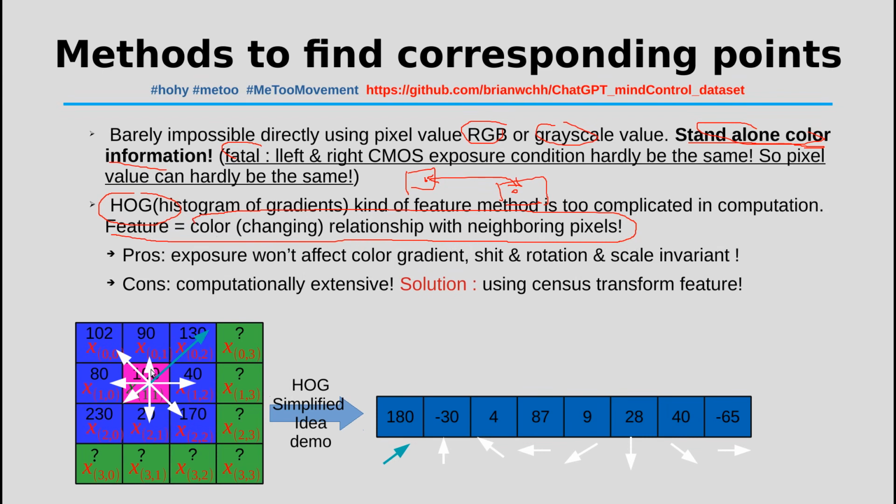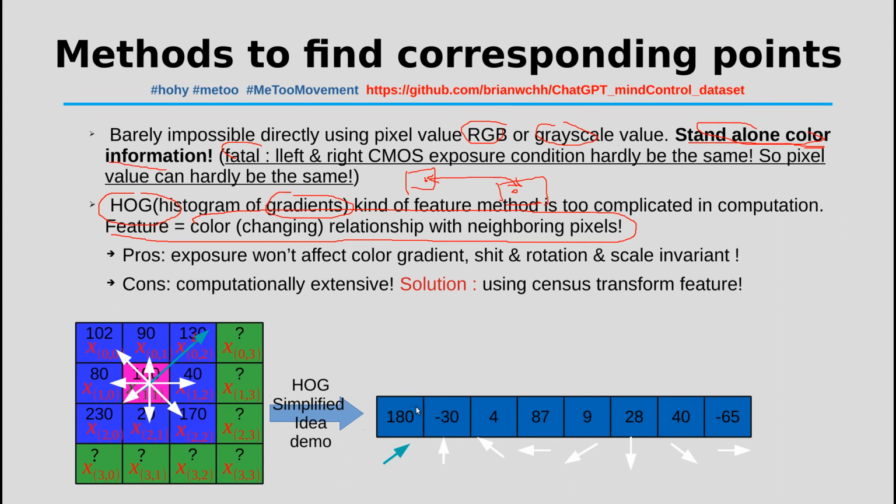How do they do that? We do the gradient. For instance, here we have 8 directions: horizontal, left, top right, and so on. So we do this gradient calculation in 8 directions, and then we choose the biggest value.